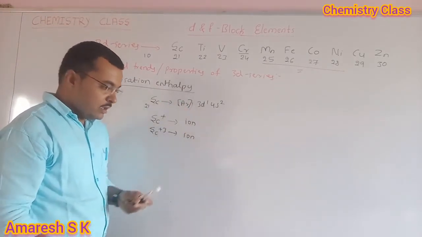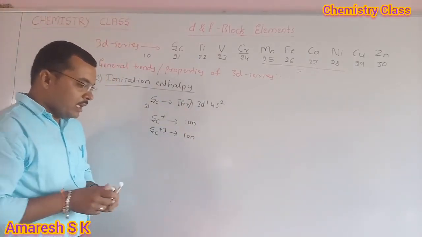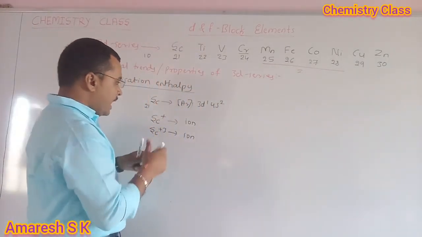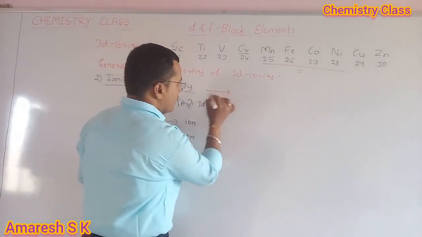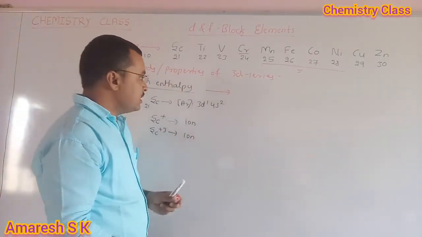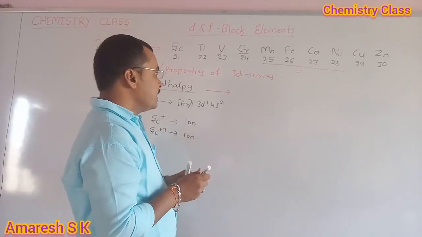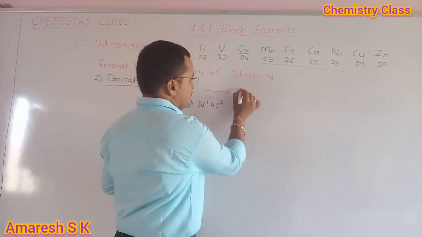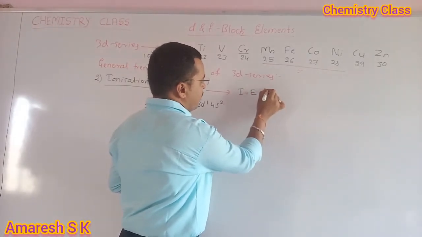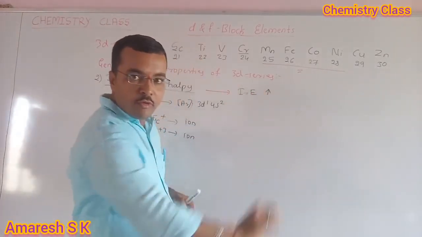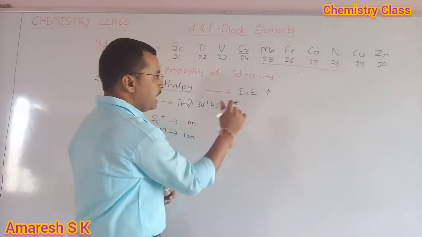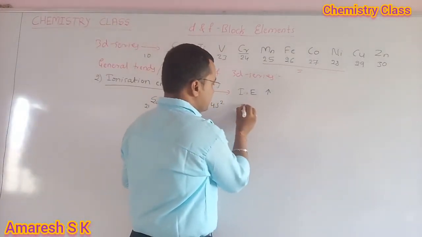In the 3D series of elements, the ionization enthalpy increases as we move from left to the right. The ionization enthalpy is going to increase as we move from left to the right in the 3D series of elements, because there is a decrease in the atomic size.